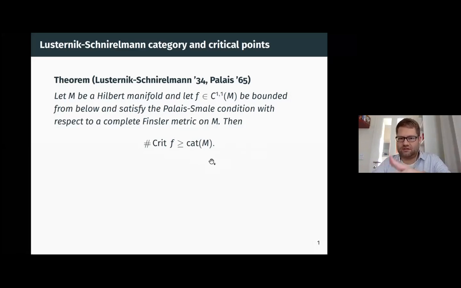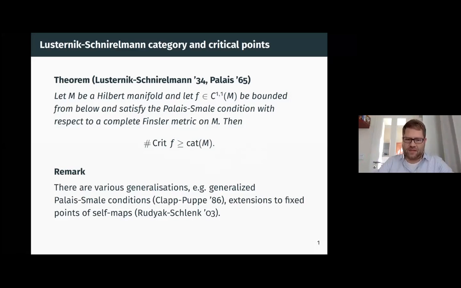There's also another theory going in this direction, Morse theory, which requires much stricter assumptions on the function that are studied. But this is in general the way that Lusternik and Schnirelmann saw this invariant and that they studied this. Just a remark, this is by far not the most general version. There are several ways of relaxing these conditions.